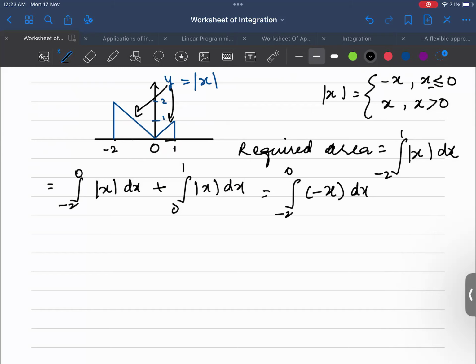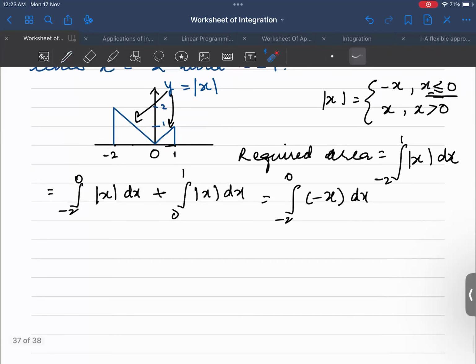Because I told you, if x is less than 0, and the upper limit is 0, the answer would be -x. Plus, for 0 to 1, x is more than 0, so it would be plus x. That is the modulus by definition.